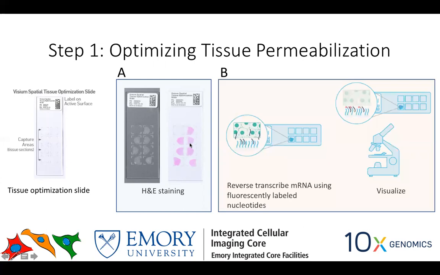And once that is done, you will be doing the second step, which will be visualized using epifluorescence imaging, typically using a Texas Red filter set, in which the mRNA that you have will be fluorescently labeled. The fluorescently labeled nucleotides will bind to the reverse transcribed mRNA, essentially to know whether or not your tissue is good enough.